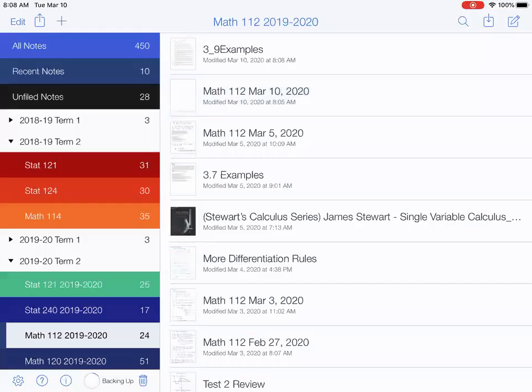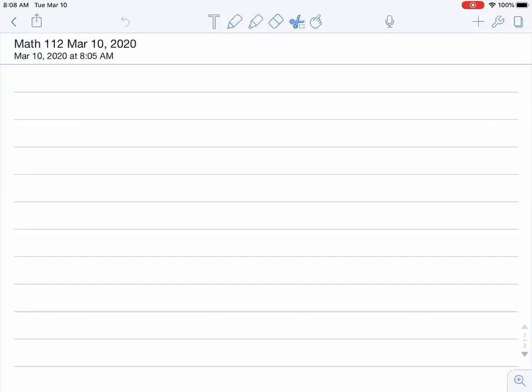Just for a warm-up, I should say, just as a recap. We started related rates last day.